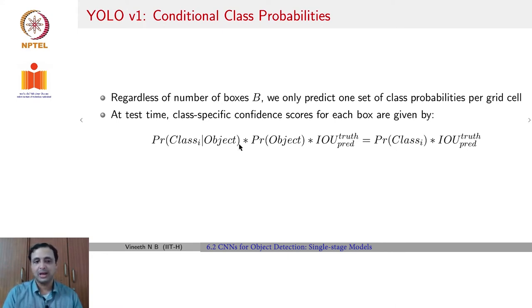So if you multiplied these class conditionals with your confidences, you would get probability of class i given an object, which is the conditional class probability, and the confidence, which is given by probability of object into the IOU between ground truth and predicted values, which amounts to the probability of class i into the IOU of the ground truth and predicted box. So for each cell, we are saying what's the probability that this class occurs in this grid cell, and for the predicted box, how much IOU does it have with the ground truth.